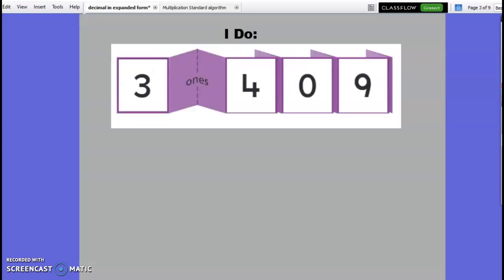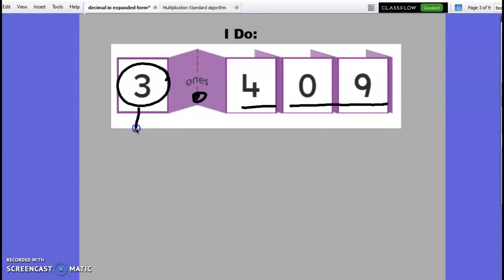Okay. Here is an I do. So I want you to put your pencils down and watch and just pay attention here. So we're going to start with our values, and I'm going to expand it out. So this reads 3 and 409 thousandths. So I'm going to start with my largest place value, and I'm going to work with it.